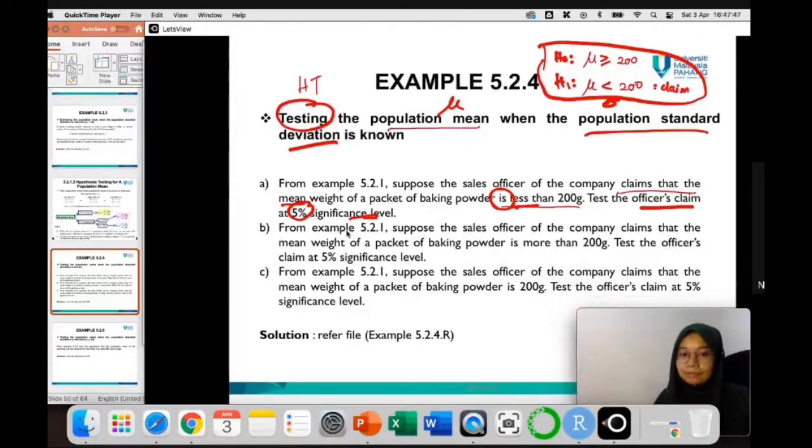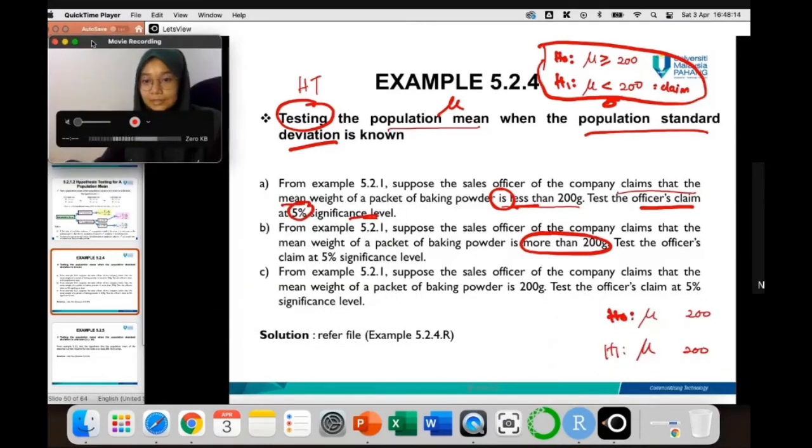Nah, B. For example, yang sama, suppose the sale of packing company claims that the mean weight of packing powder is more than 200. So, sekarang dah berubah dah. Apa dia punya hypothesis? H null mu, H1 mu, 200, 200. So, more than is H1.